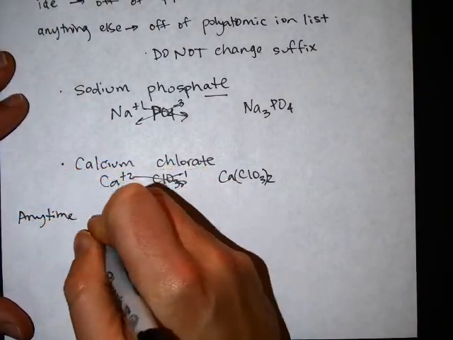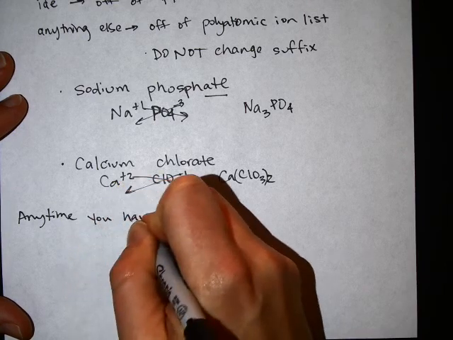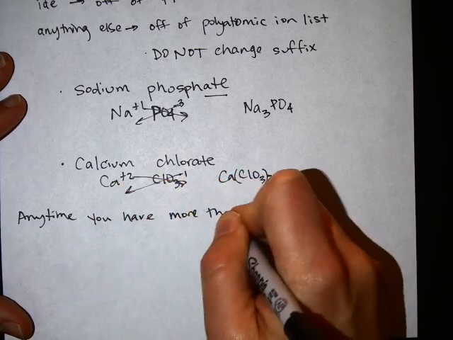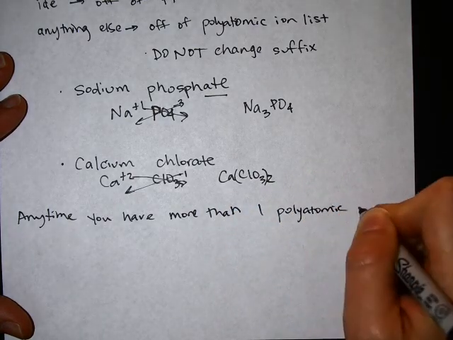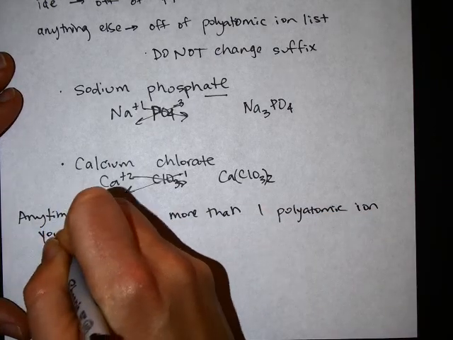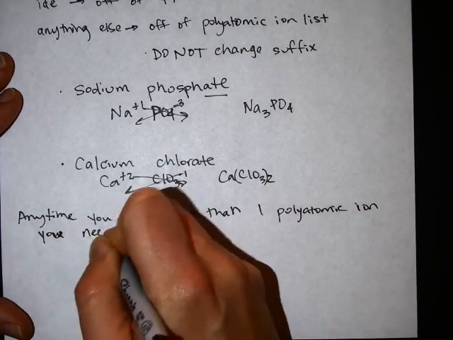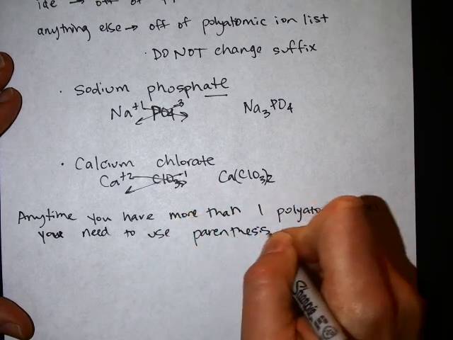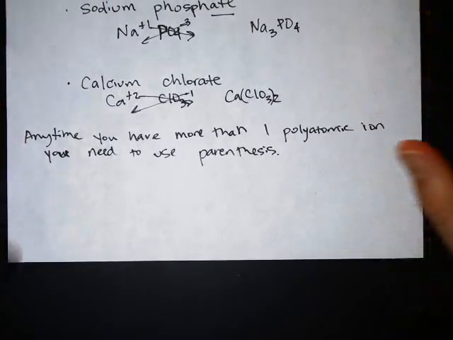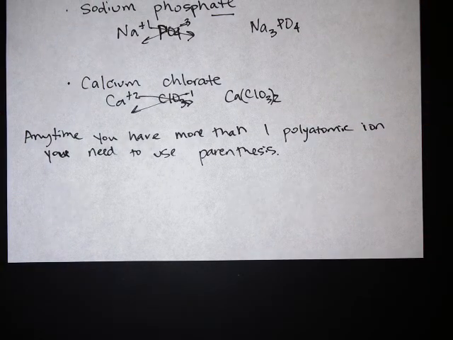Anytime you have more than 1 polyatomic ion, you need to use parentheses. Even if there's no number there.